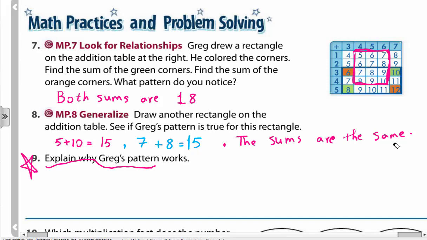Okay, my heroes, let's consider the first rectangle, Greg's rectangle. What are the numbers? It was 6 plus 12, right? The orange, 6 plus 12. The 6 is 3 plus 3. And what about the 12? The 12 is 7 plus 5. So this is the orange.